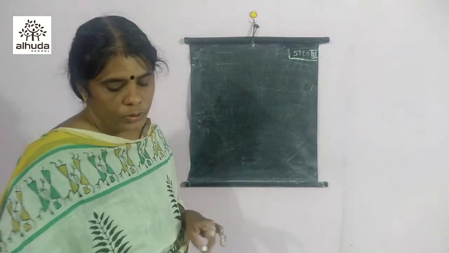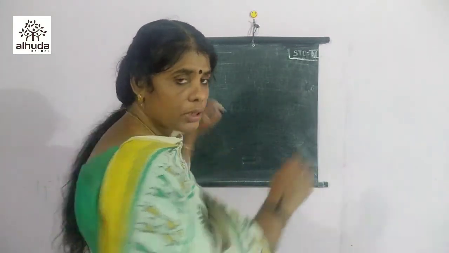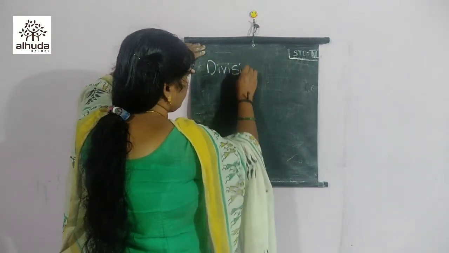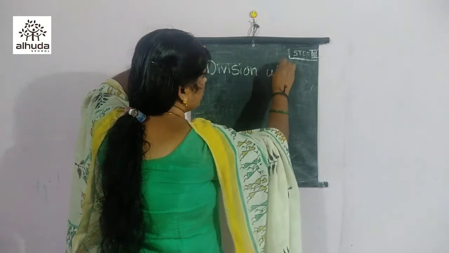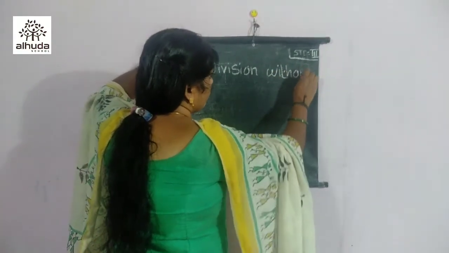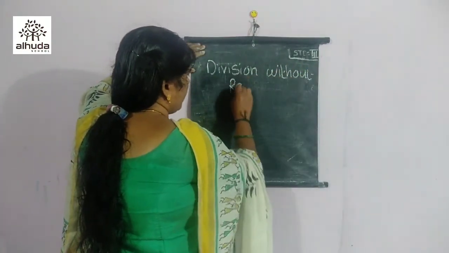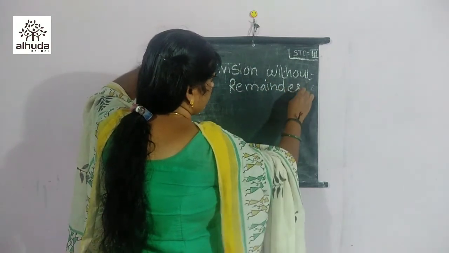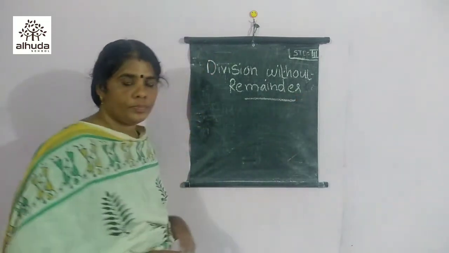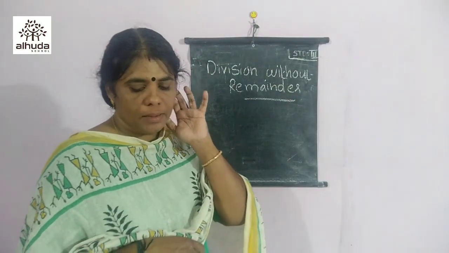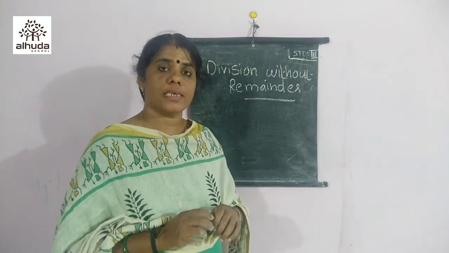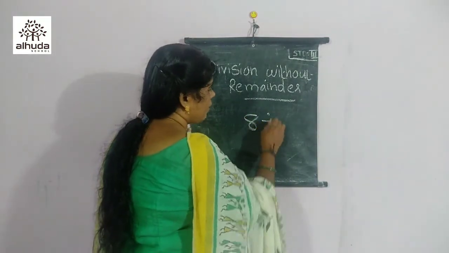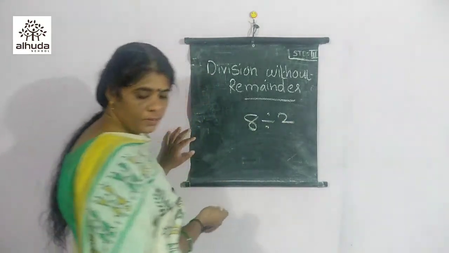Dividing a single digit number by a single digit number. For example, 8 divided by 2. This is a long division we are doing.